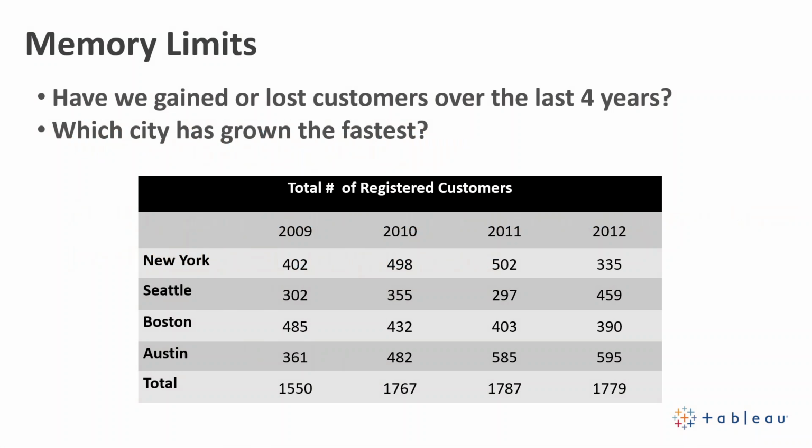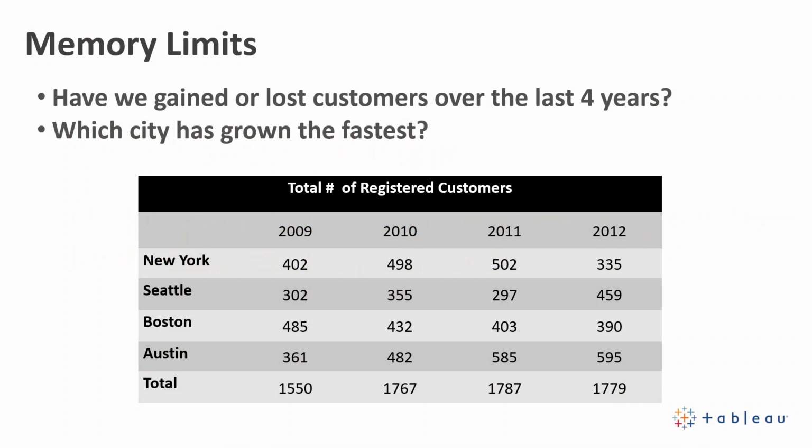Let's turn now to another facet of how our brains can help or hinder our understanding of data. It is memory limits. So here let's start out looking at this table. If I ask you whether we gained or lost customers over the 4 years, we can easily answer that because we have a total line.